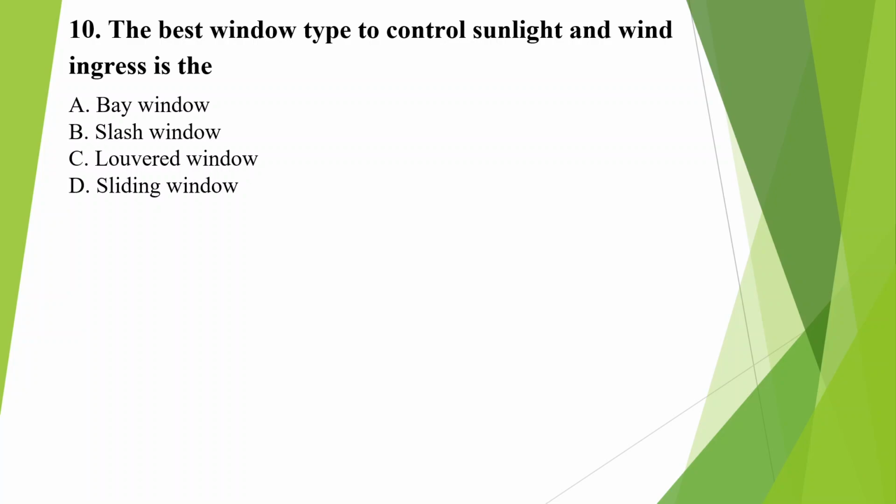This is the last question of the day, and I want all of you to answer this question correctly. This was the last question of the week 7 assignment and today's problem solving session also, which is asking you that the best window type to control sunlight and wind ingress is the, whether it is bay window, slash window, levered window, or sliding window.